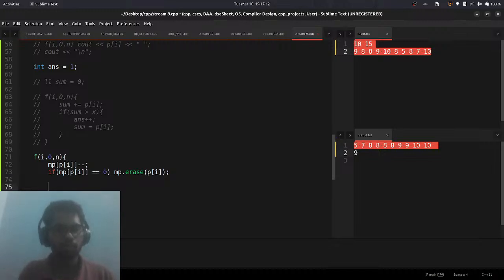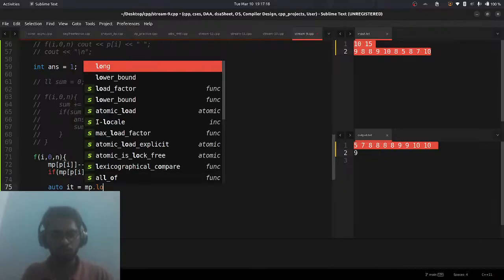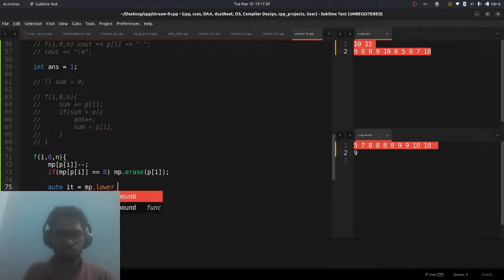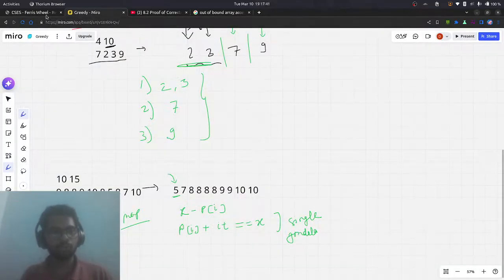After this, I will search for the lower bound of x minus the current number. Since x is always greater than or equal to the current number, it will not give a negative number.